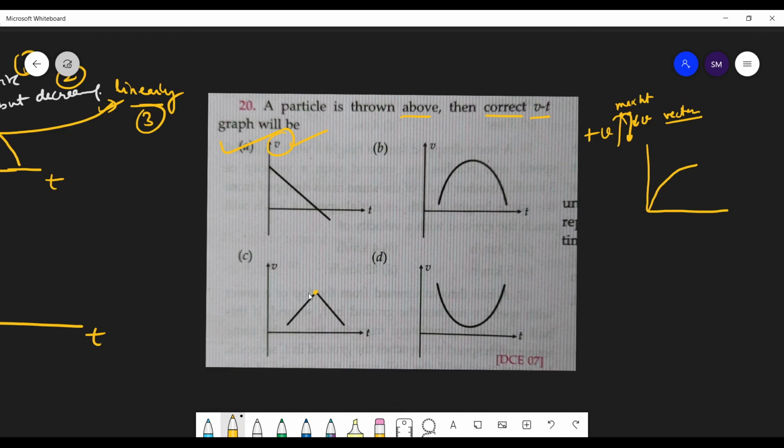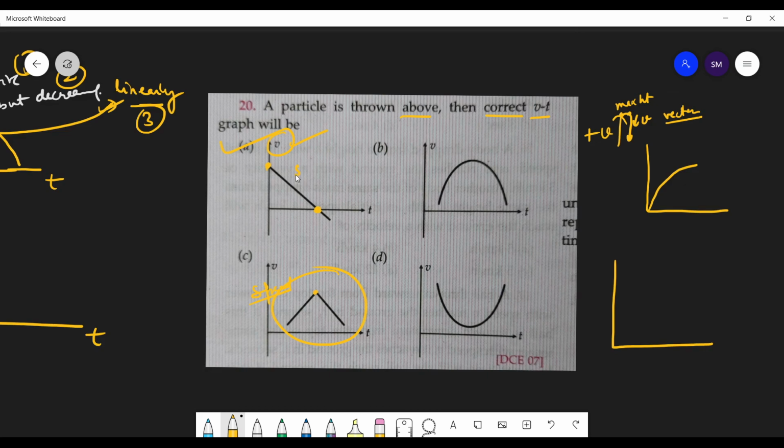So if you take it as speed, then how can this graph still be correct? This graph will again be wrong, because speed will be zero at maximum height. Whether it is speed or velocity, this graph will be the same from this point to this point.